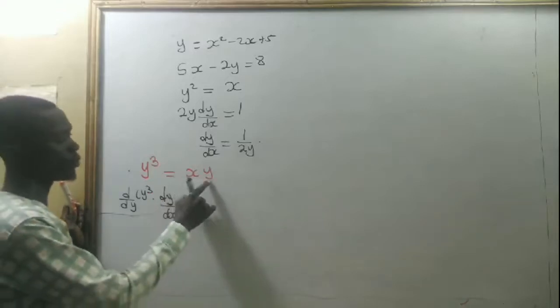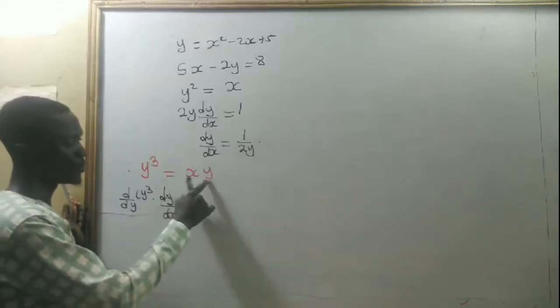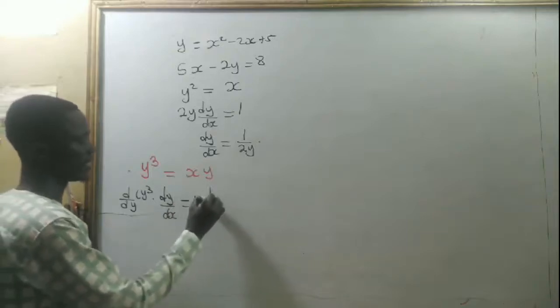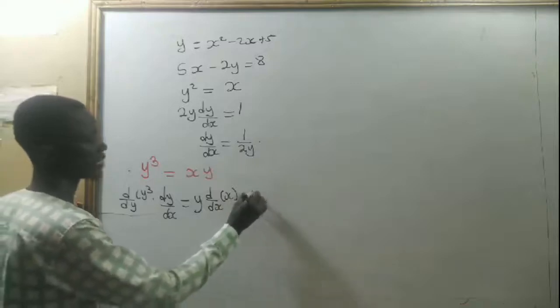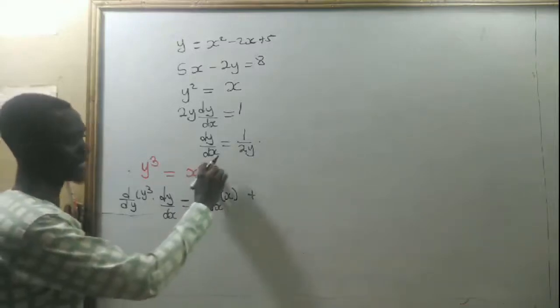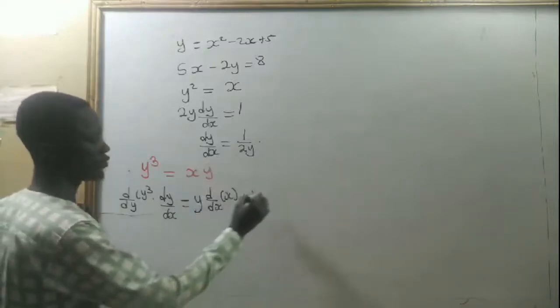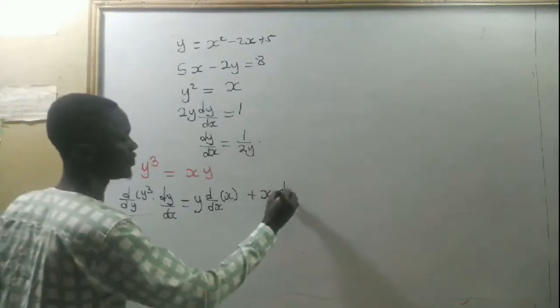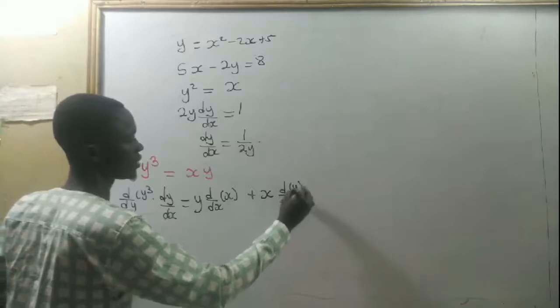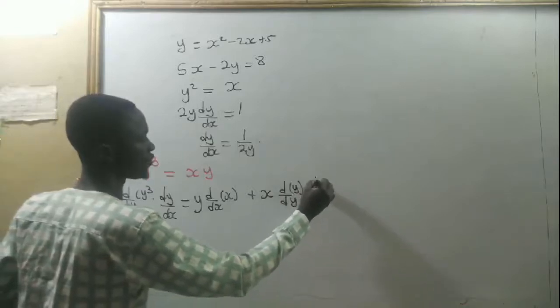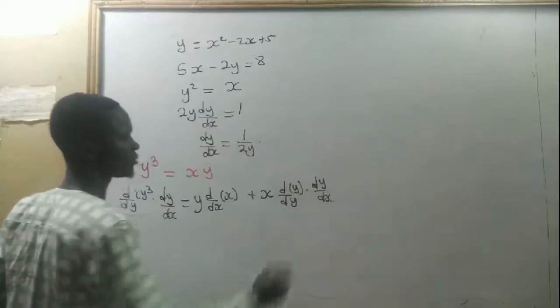Equal to, here we are going to use the product rule. So you maintain the y and then differentiate x with respect to x, plus, here this is y, so we maintain the x and then differentiate y with respect to y times the derivative of y with respect to x.